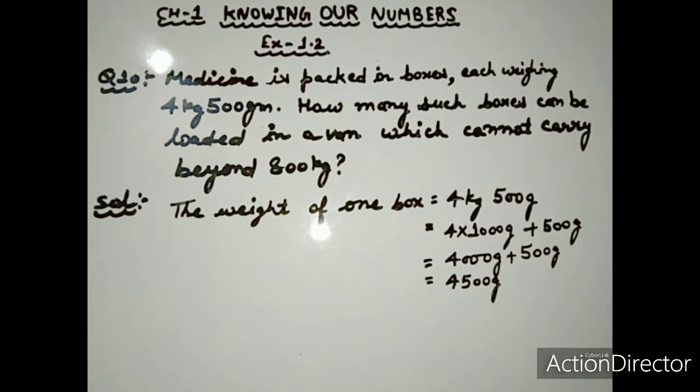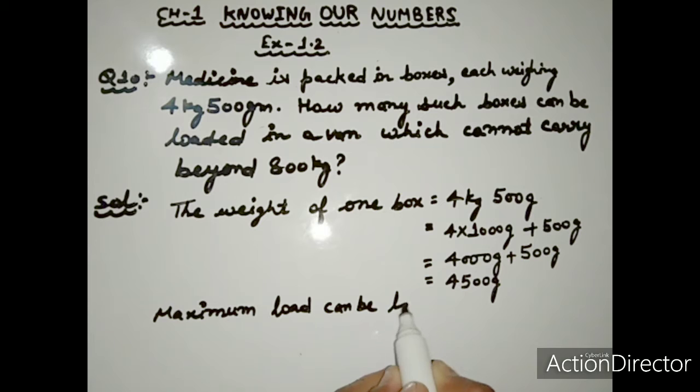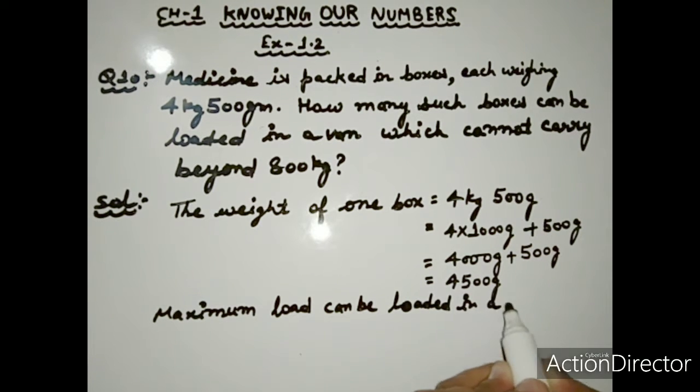Now we find maximum load can be loaded in a van in gram. So here we write maximum load can be loaded in a van is equal to 800 kilogram. So here we will convert 800 kilogram into gram.